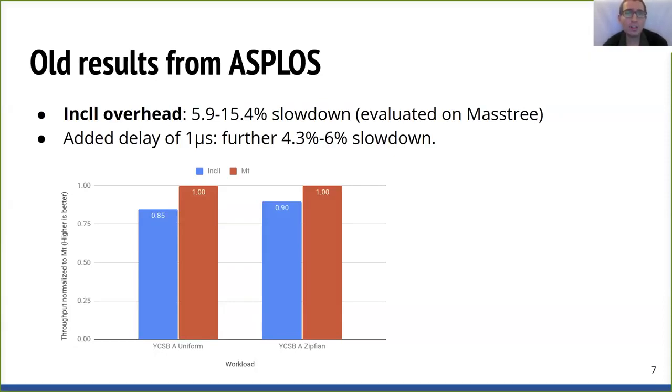For this talk, I'm using the Masstree data structure for evaluation, which is a combination of B plus tree and trie. The figure presents the throughput of write-intensive YCSB workloads for both baseline Masstree and in-cache line logging approach.